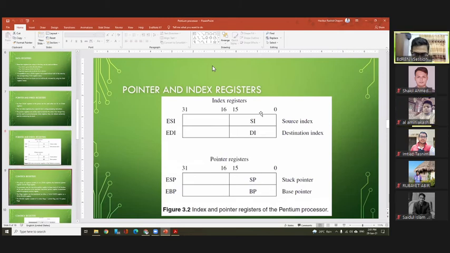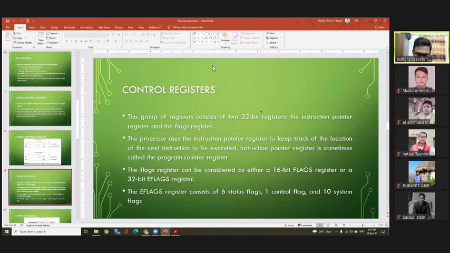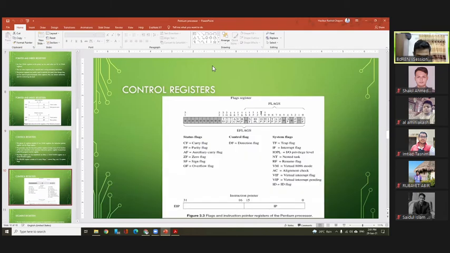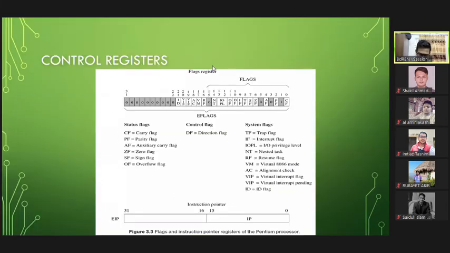All right. Let us see the last type of register, which is called the control register. After this, we will finish our class. I always prefer the image. This is the control register. The control register is divided into two parts.